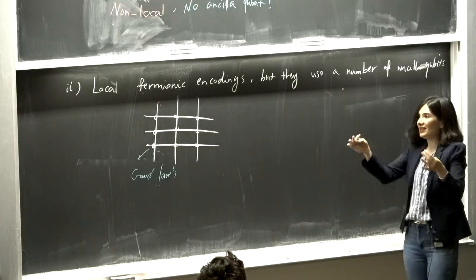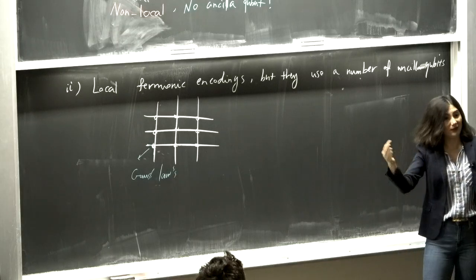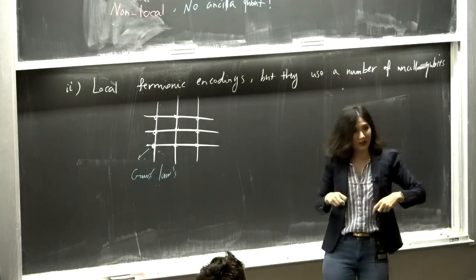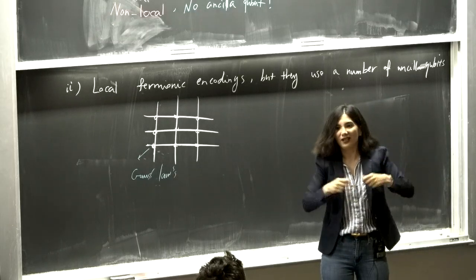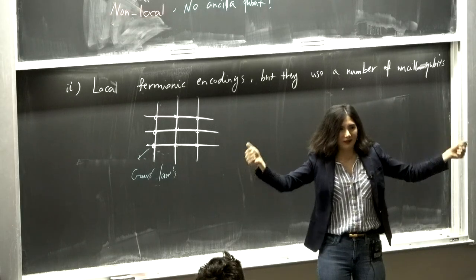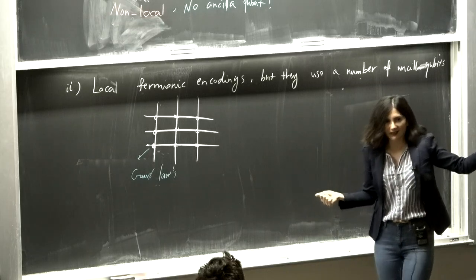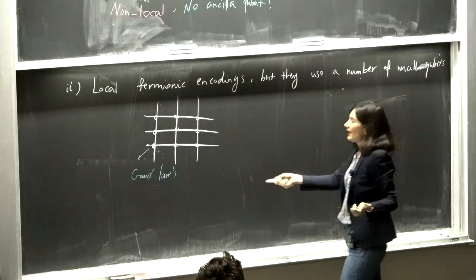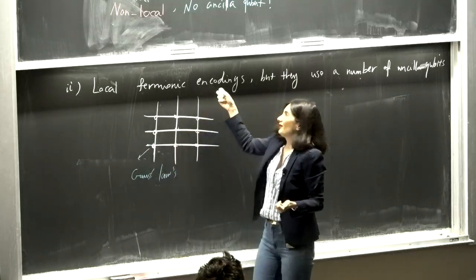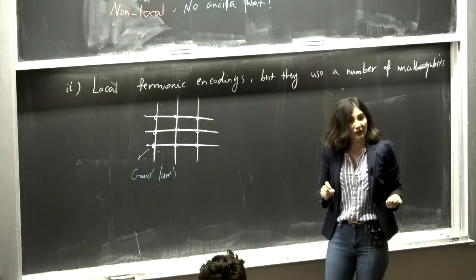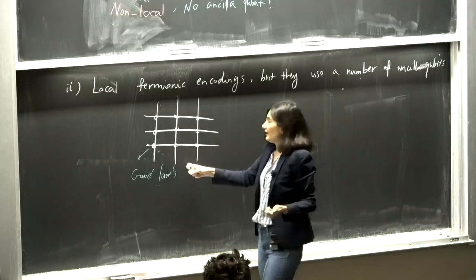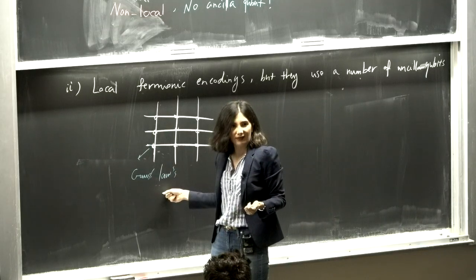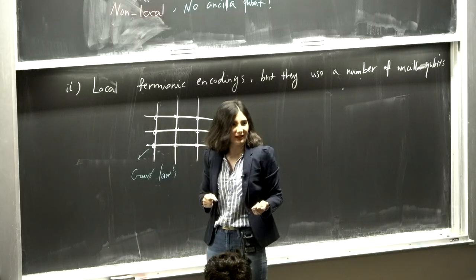We said we could have a gauge theory showing a model that has both fermions and bosons. But I showed you that you can also eliminate those bosons by using these Gauss's law, and you got non-local fermion-fermion interactions, right? So you can trade one with the other, but you always have to have these constraints. So you can also do these formulations that are becoming very popular. The only thing is that you have to make sure that you're in particular Gauss's law sector of the theory such that you have your fermionic statistics.